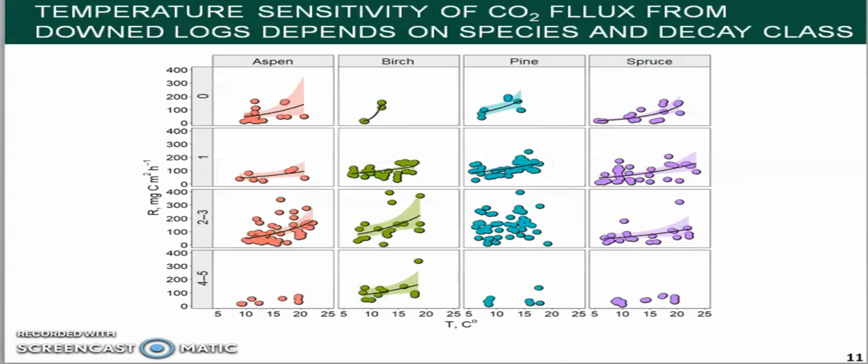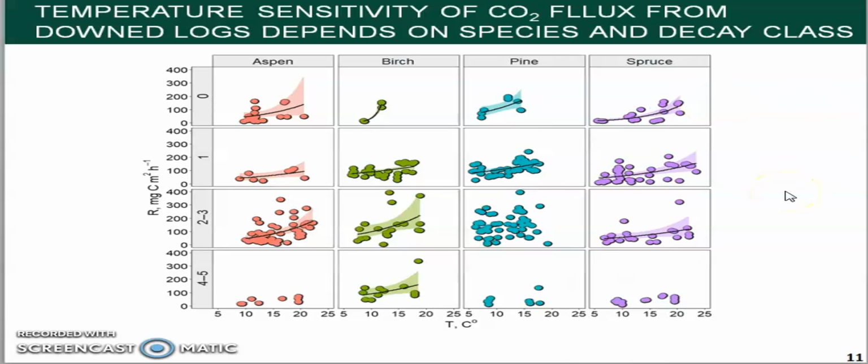So here we can see how temperature sensitive CO2 flux from down logs is, related to tree species. 0 means that the trees died in the current year, so the phloem is intact and the phloem is what is breathing.